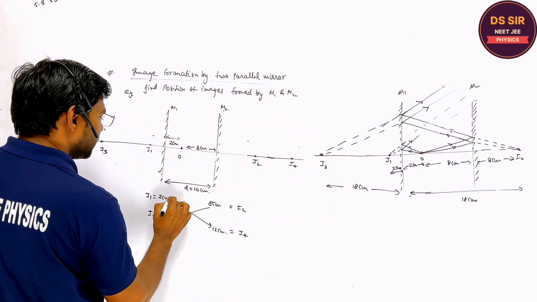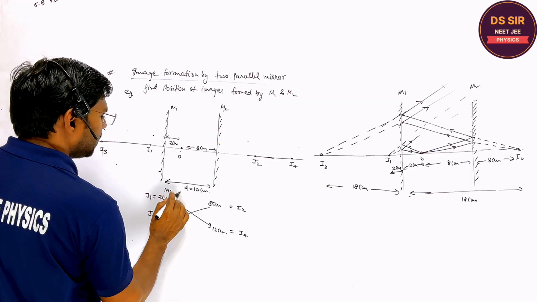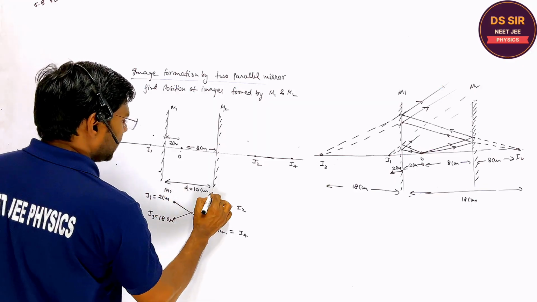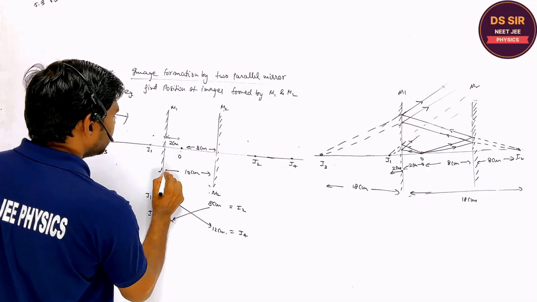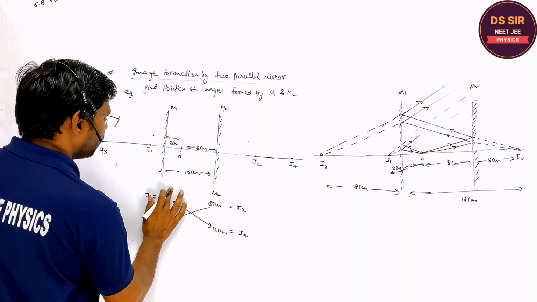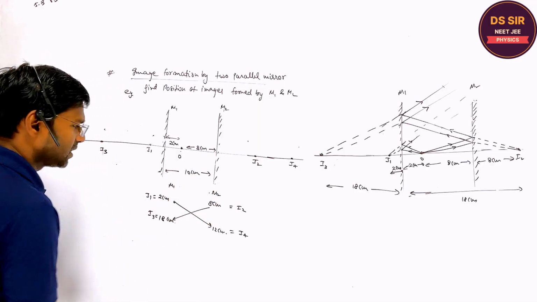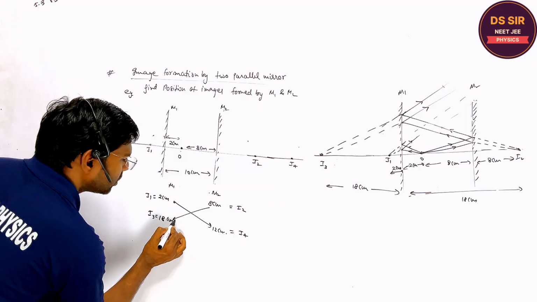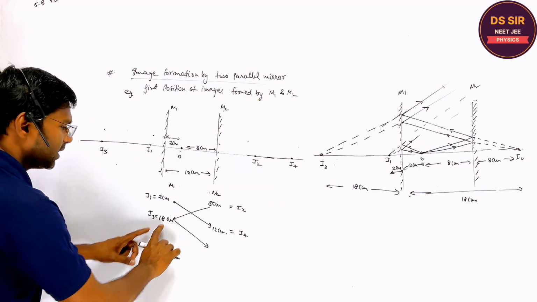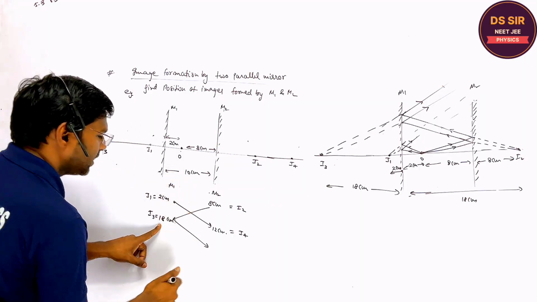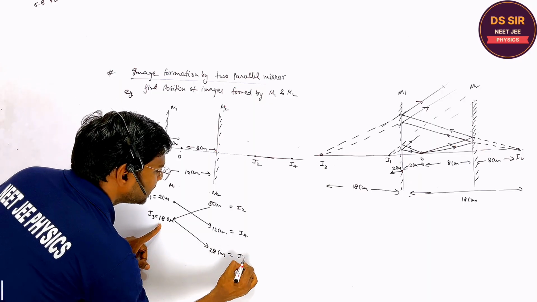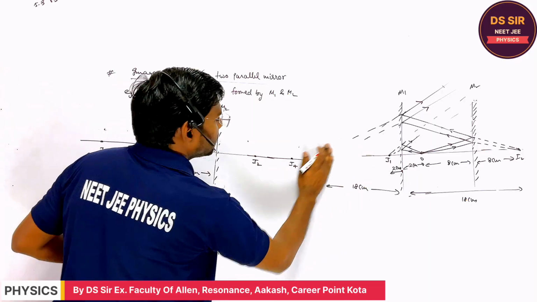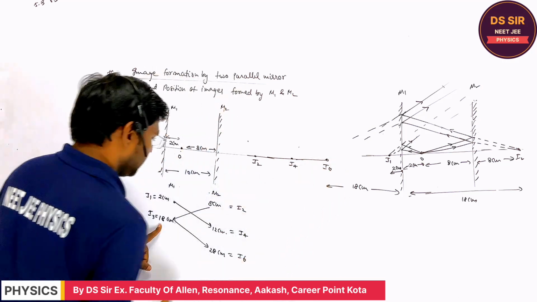You may write this is the formation by M1 and this is the formation by M2, right? 10 centimeter is the separation between them. Now again the next position, it is 18 plus 10, 28 centimeter. This is the I6 behind this, right?